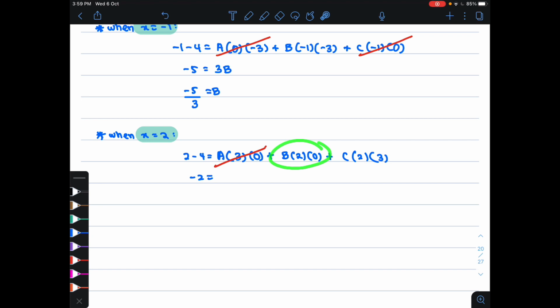The same goes for the second term, which is also equal to 0. We are only left with negative 2 equal to 6C, and hence C is negative 1 over 3. So we have found all the unknowns A, B, C. Let's do step 3, which is to rewrite step 1 again.